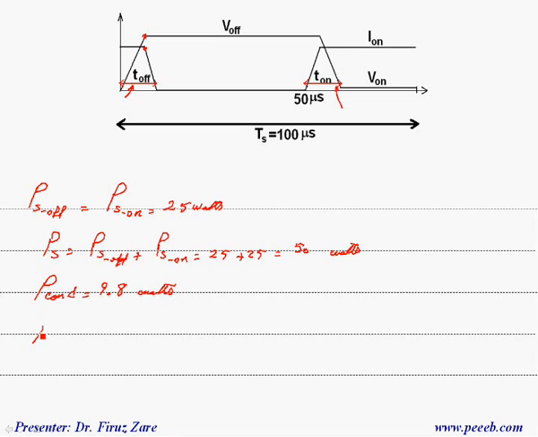So the total loss for a switch in this case is 59.8 watts.